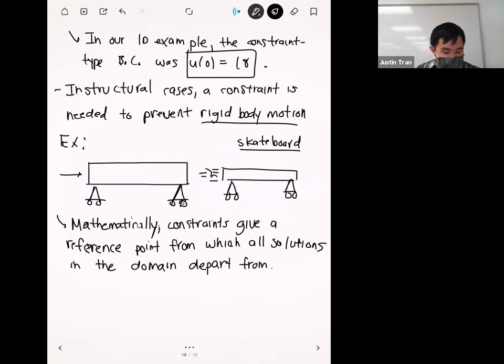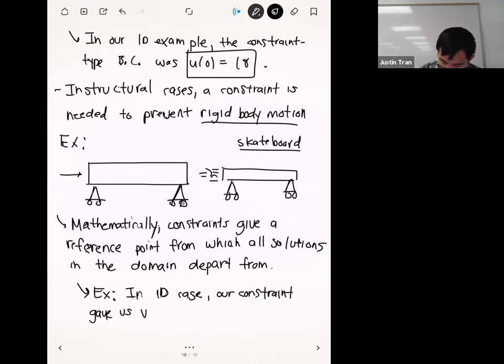Okay. And so think back to our 1D example, right? When we applied our constraint type boundary condition, what that basically gave us was a value for C2. And C2 was our basic constant addition, right?